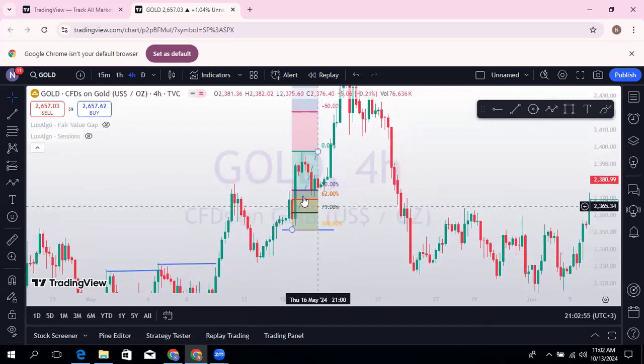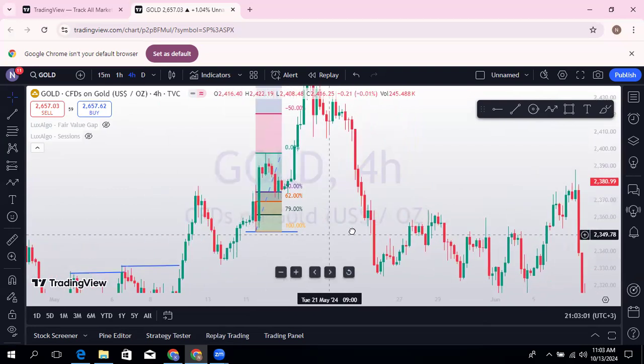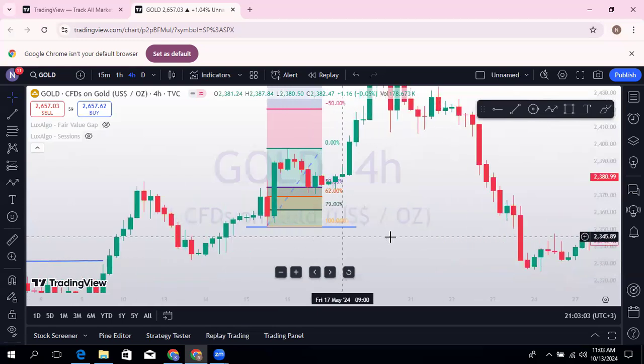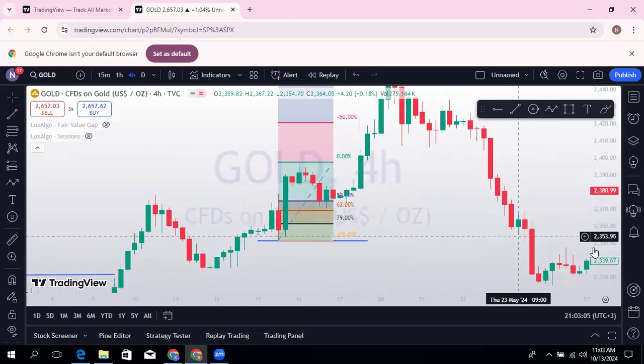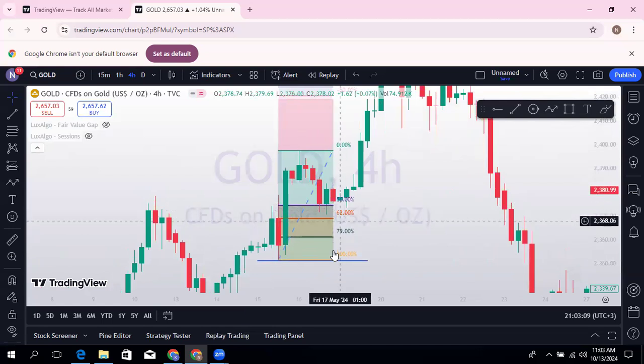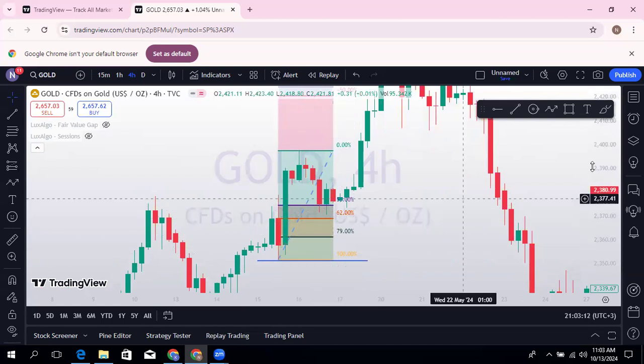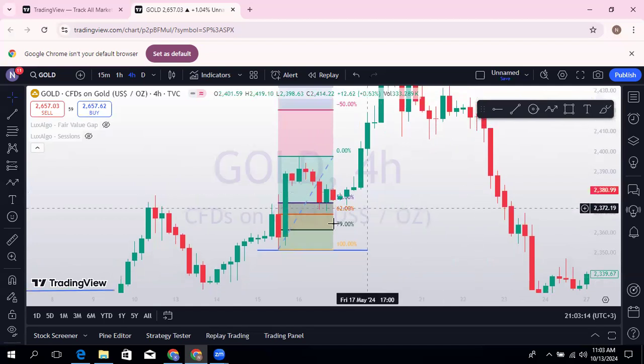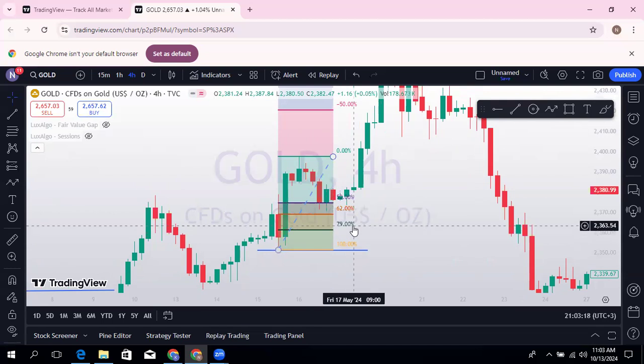Now, consider placing your entries at the mid of 50 and 60%, or if you put your entry at 50%, make sure you have the margin or the money that can stand with you when you place your stop loss at 79%.